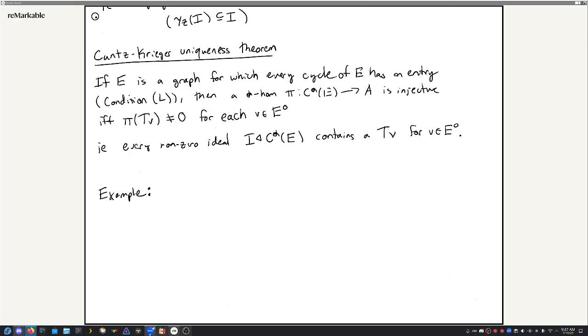So for example, you could have a single vertex, a single edge. Then this loop here is a cycle, but it has no entry, so there's no other edge going into that cycle.